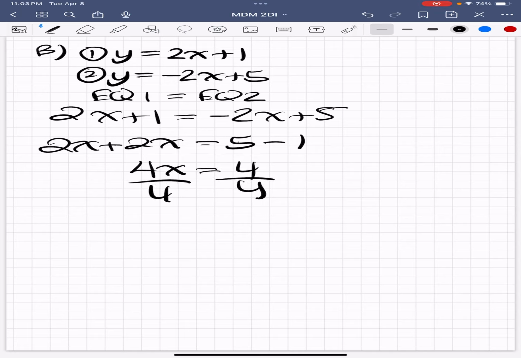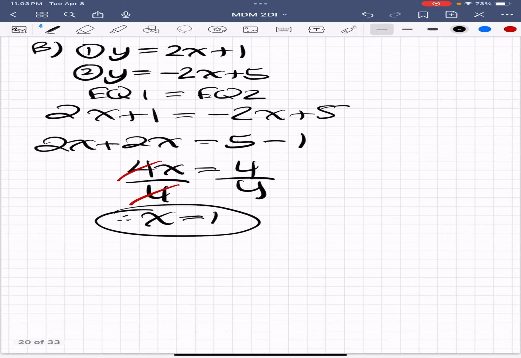Divide by 4 on both sides. I will use red this time. The 4 and the 4, with 4x divided by 4, it's common on the top and the bottom, so it cancels out. And we are left with x equals 1. And that's the x coordinate of the POI.